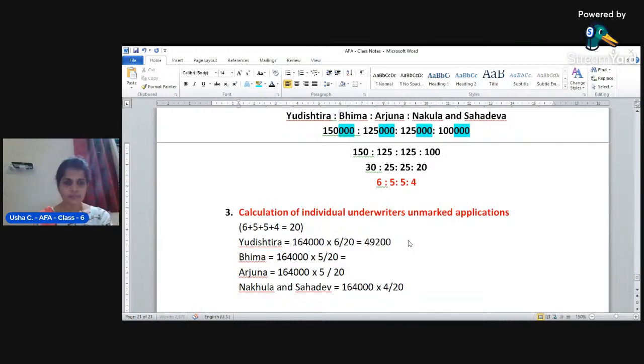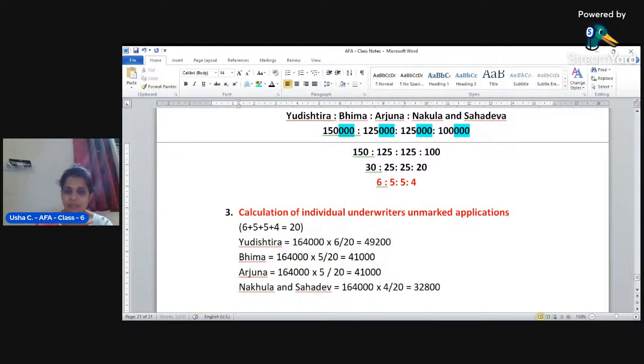Then 41,000 and 41,000, same for both. And 32,800. Now just substitute the value to the unmarked application. Yes, correct. 49,200, 41,000, 41,000, 32,800. Good.